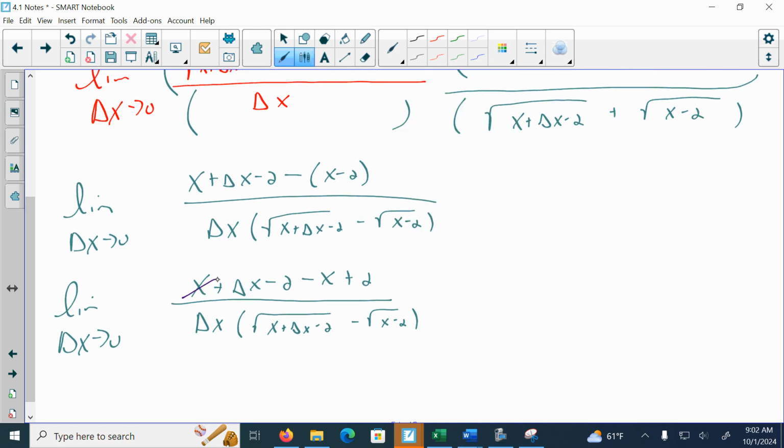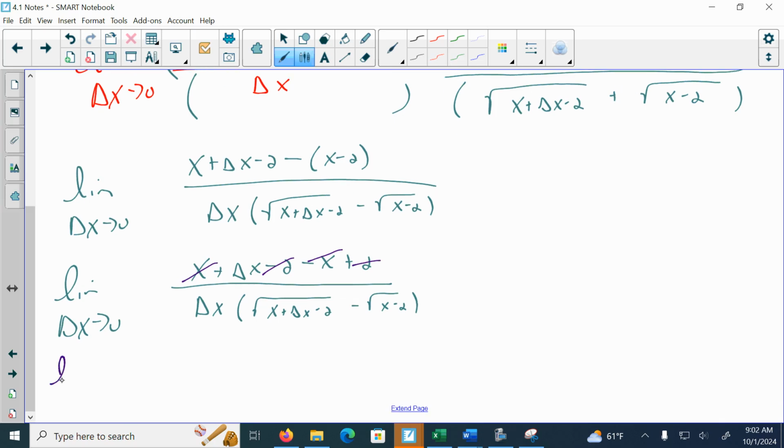So the x's will equal 0, the 2's will equal 0, and I'm left with this delta x over this delta x, which we know we're going to cross out in a second, but I did not want to skip a step.